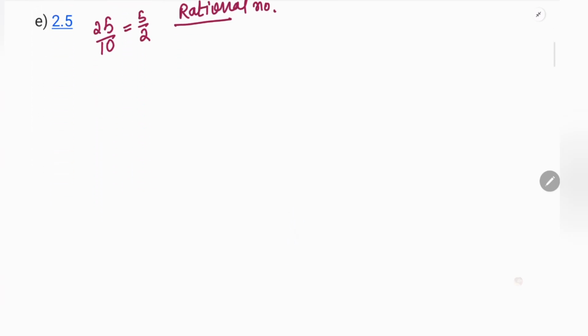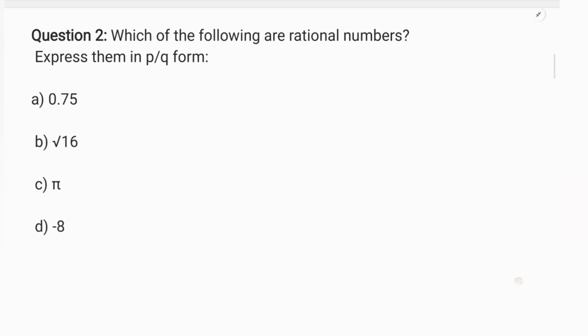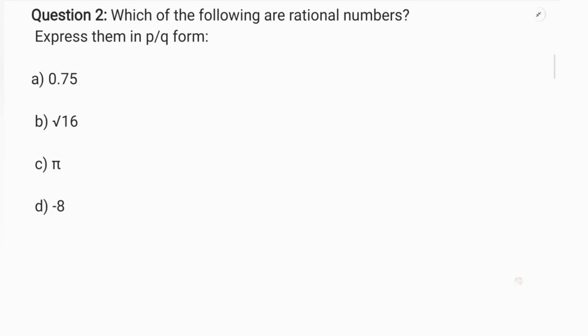After that we have: which of the following are rational numbers? Express them in p by q form. First we have 0.75. We will count how many digits we have after the decimal: 2, right? So I will remove the decimal, and because we have 2 digits, I will write 100 here, 2 zeros.